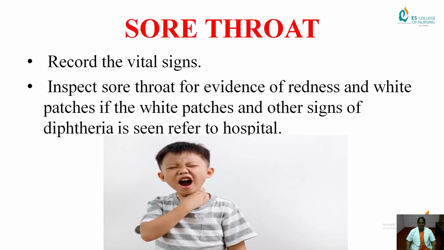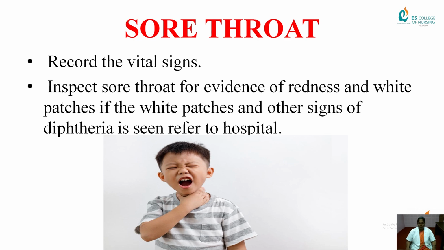The next thing is sore throat. If the patient has pain in the throat, you have to do the throat physical examination very carefully. Record the vital signs to see whether the patient has fever or not.